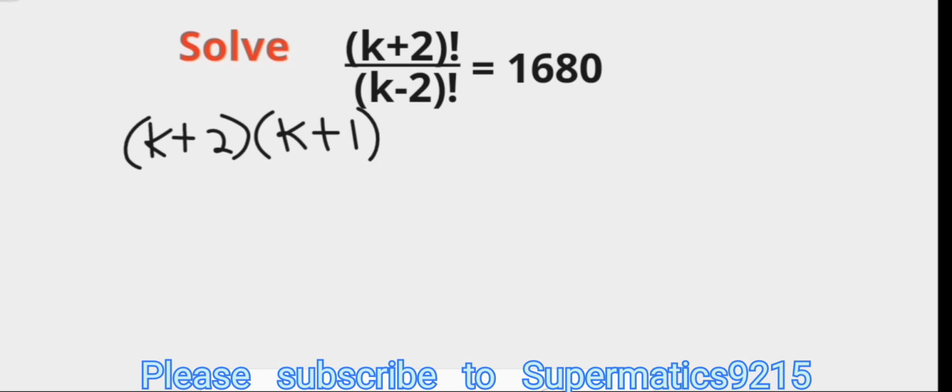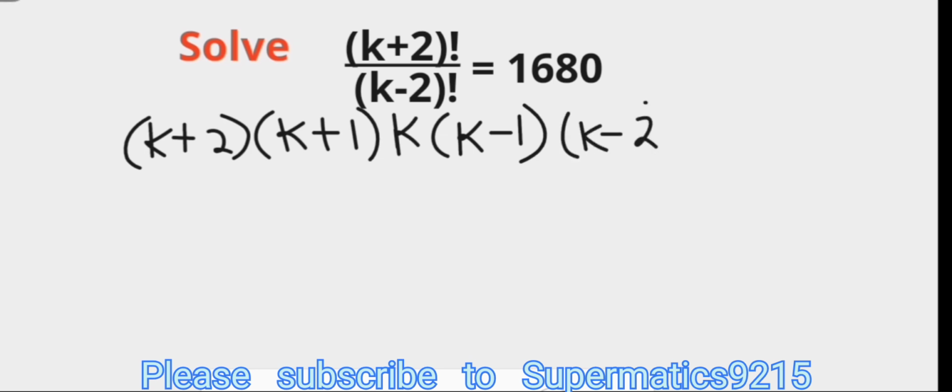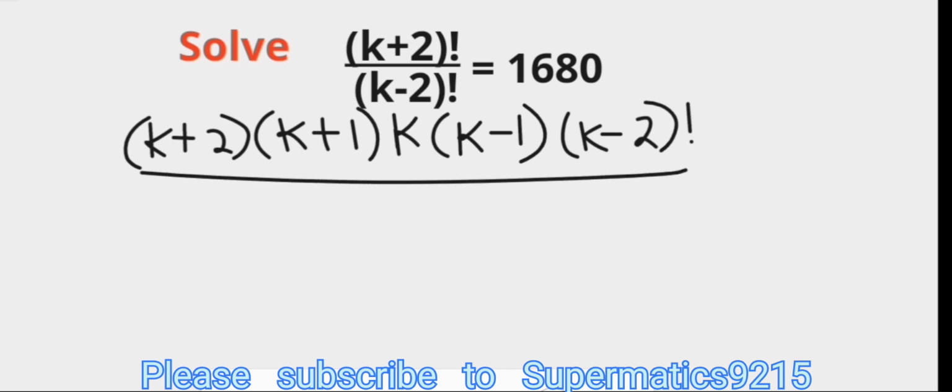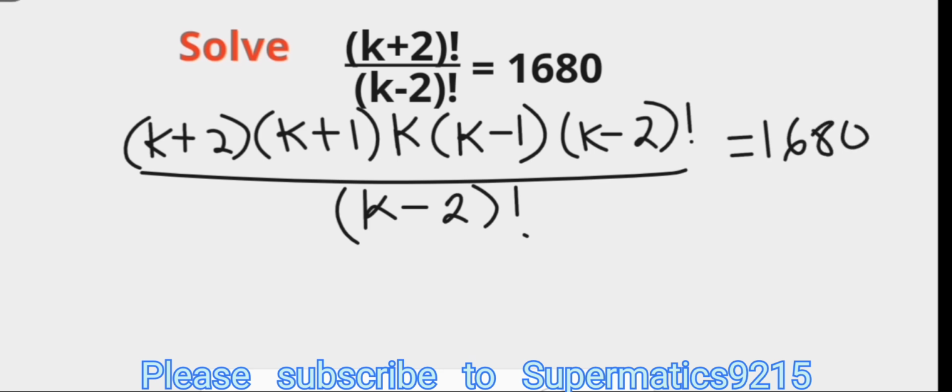Then, when we subtract 1 from k plus 1, we have k, minus 1, and there is (k minus 2)!, everything over (k minus 2)!, and that is equal to 1680.